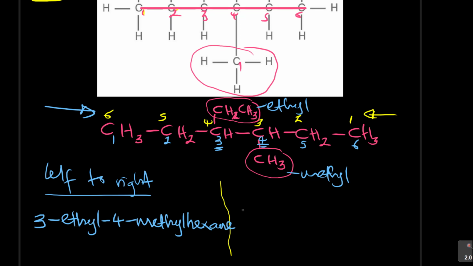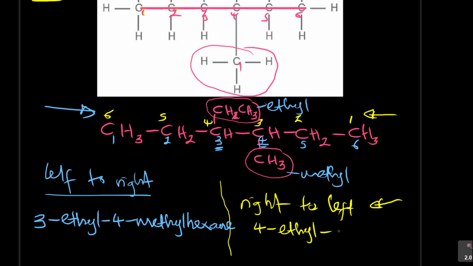Now what about from right to left? Meaning this direction. Look at this. In carbon number 4, I've got ethyl, and in carbon number 3, then hyphen, I've got methyl, and then it's hexane.